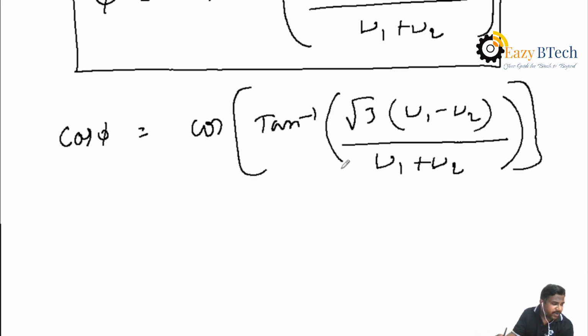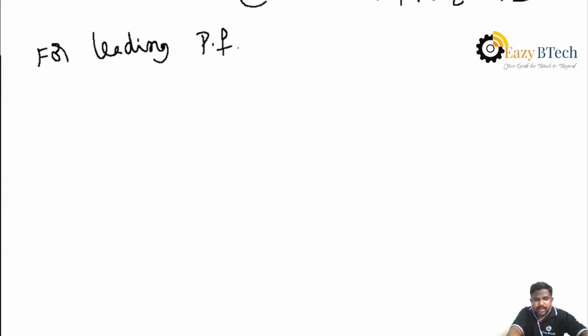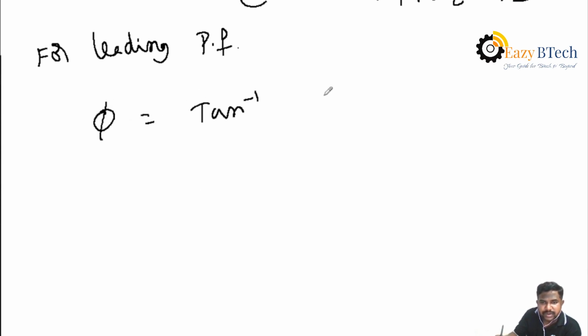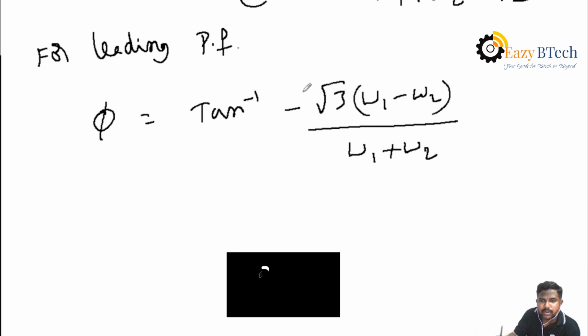If the power factor is leading, then what happens? For a leading power factor, the phase angle becomes phi equal to tan inverse of minus root 3 (W1 minus W2) by (W1 plus W2).